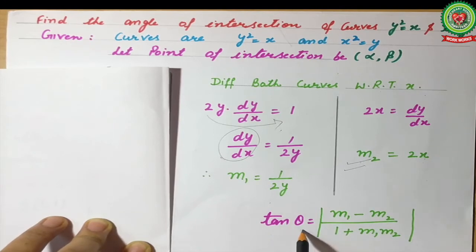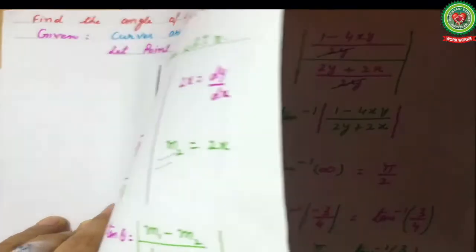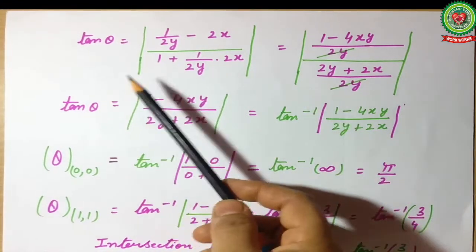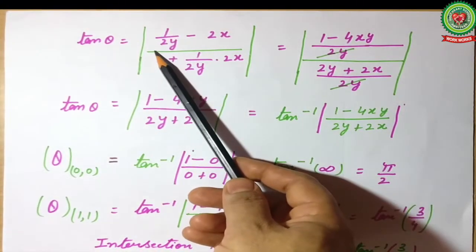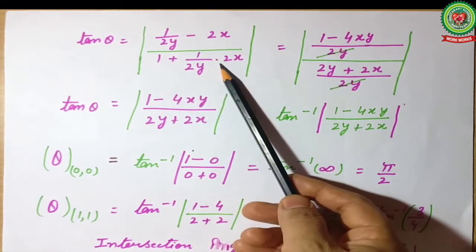We will apply the same formula: tan theta is equal to modulus of (m1 minus m2) upon (1 plus m1 into m2). When we substitute the values, tan theta is equal to modulus of (1 upon 2y minus 2x) upon (1 plus 1 upon 2y into 2x).